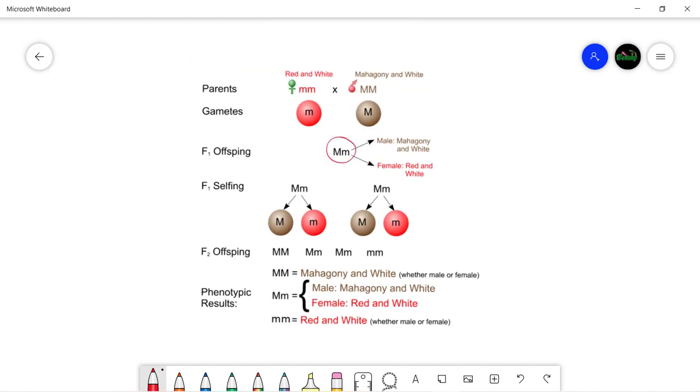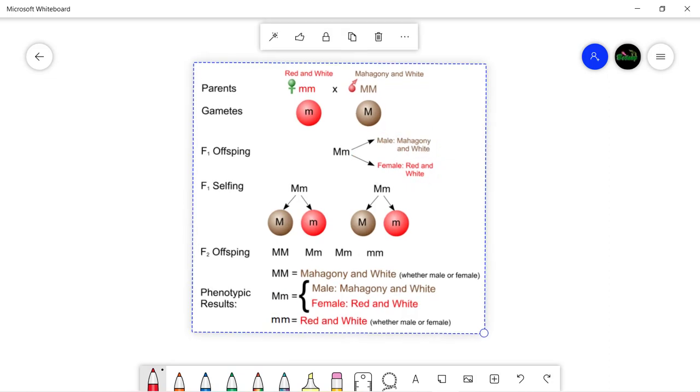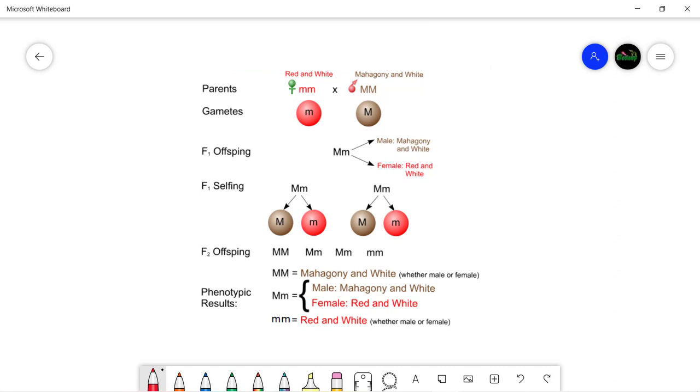As you can see, the expression of these two alleles is different in male and female, bulls and cows. Male will be mahogany and white and female will be red and white. Next is the selfing of F1.